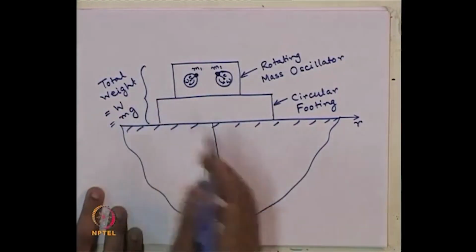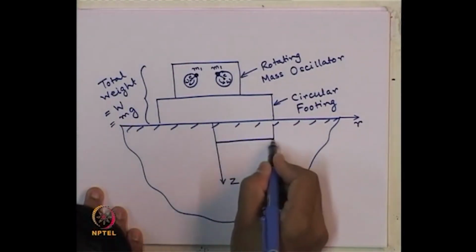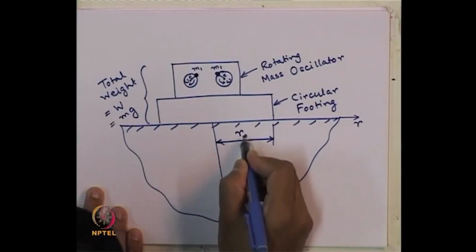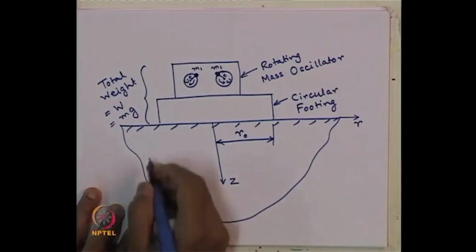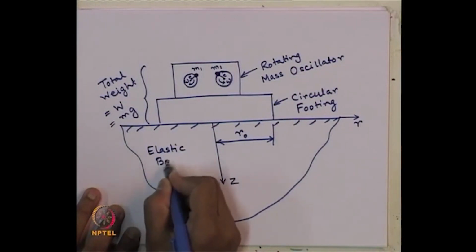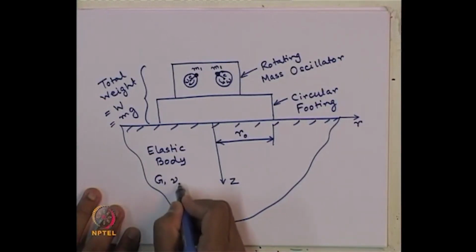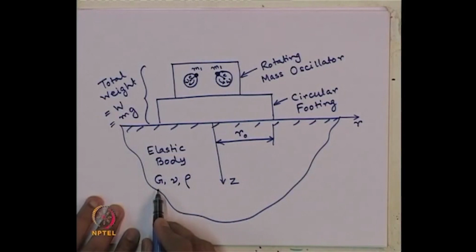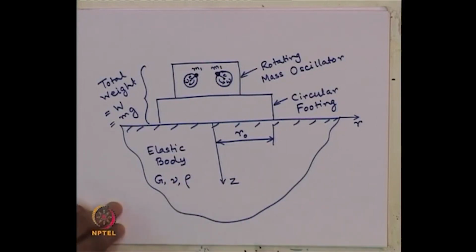M is the total mass of the footing plus machine, and this distance is nothing but r naught, the equivalent radius of the circular footing. And the soil is considered as an elastic body with known properties G, nu and rho, that is shear modulus, Poisson's ratio and density of the soil. So, these things are known.